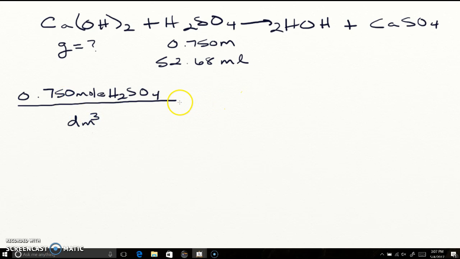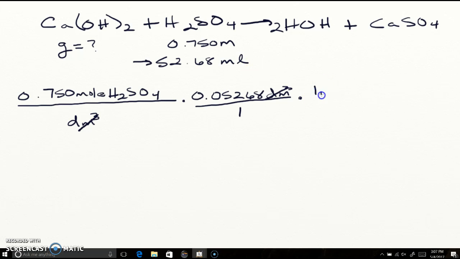All right, and if I take my molarity times my volume, and here's my volume right here, but I'm going to change it to decimeters cubed, and so it should be 0.05268. Remember, 3 to the left, decimeters cubed, and the decimeters cubed cancel out. Now I have moles of sulfuric acid, and I get to the step that's so important, my mole to mole ratio, because I'm going to transfer from sulfuric acid to calcium hydroxide.